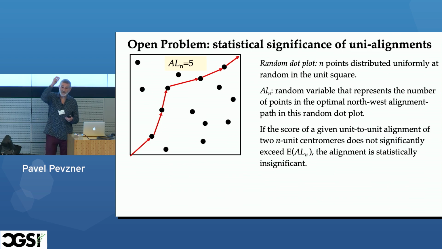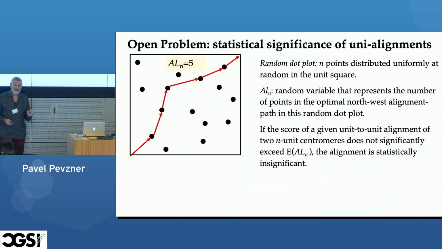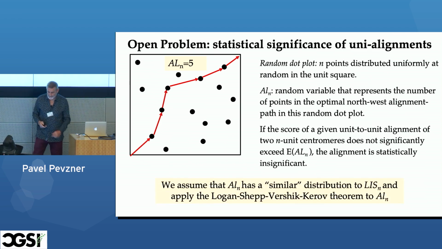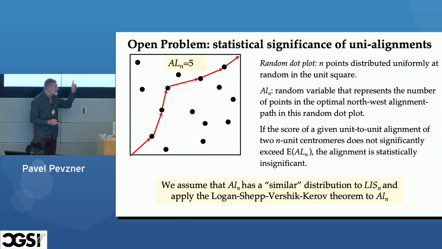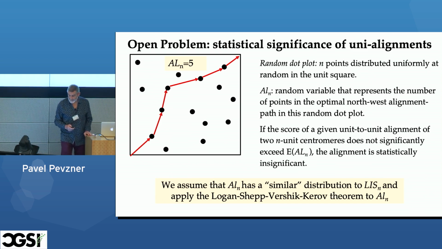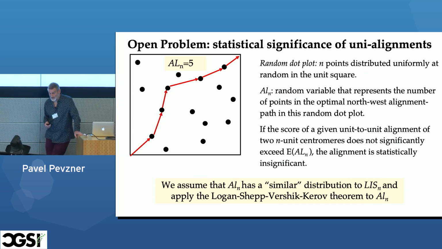In the random permutation, dots are dropped on the grid; in this case, they're dropped just randomly. But it's known that these problems are well related. So we assume that this variable is similar to the distribution of LIS of n, and then we can apply the Logan-Shepp-Vershik-Kerov theorem to this distribution informally.